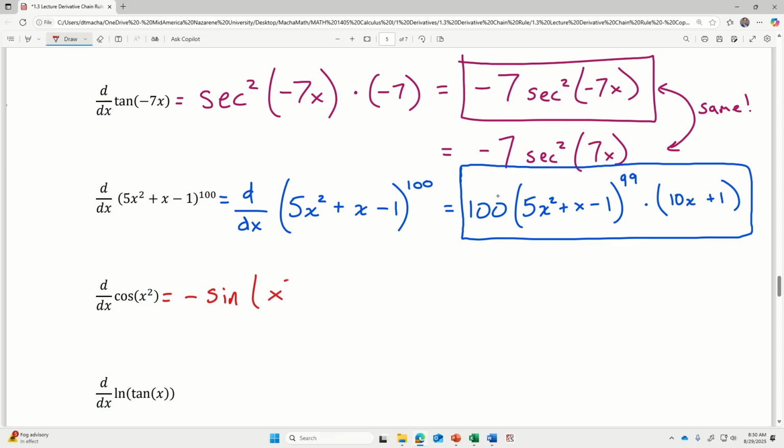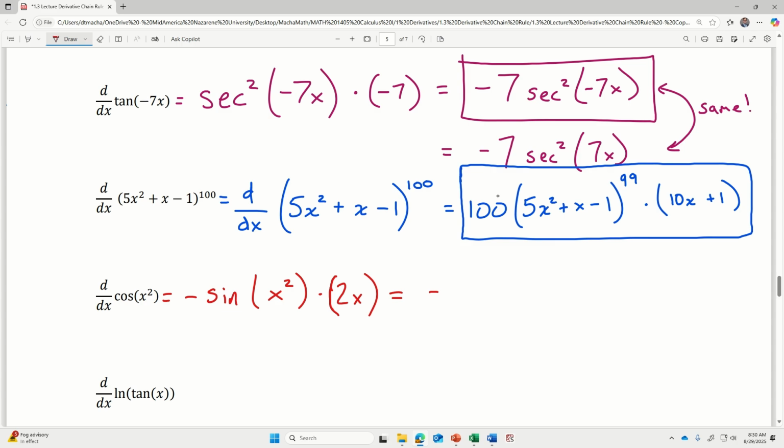We leave the inside function alone. And then I multiply times what? 2x. Perfect. Because my inside function is x squared, and 2x is the derivative of x squared. So I could write negative sine of x squared times 2x.